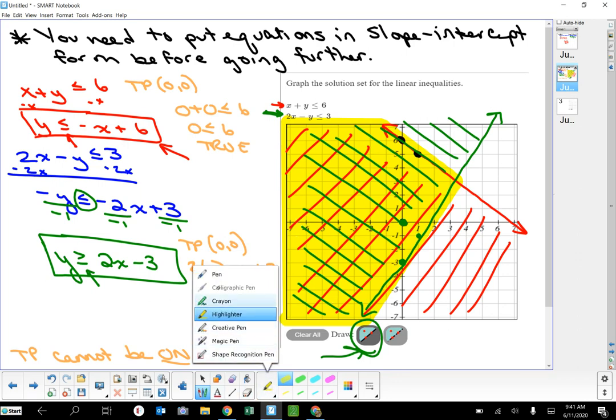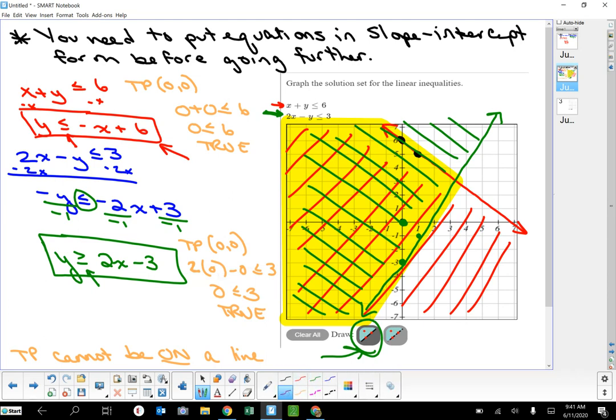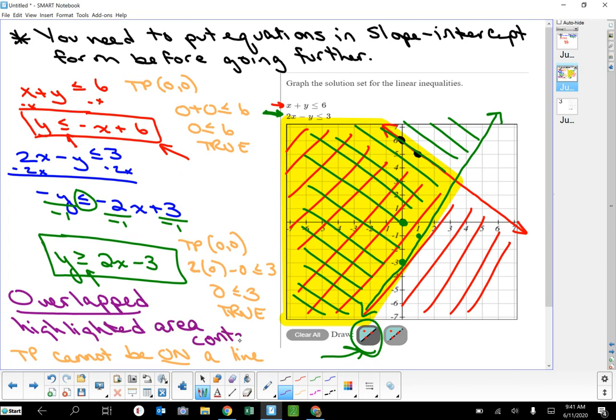That's what that means. So the overlapped highlighted area contains your answers, contains your solutions.